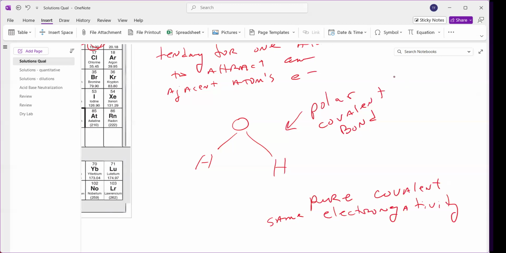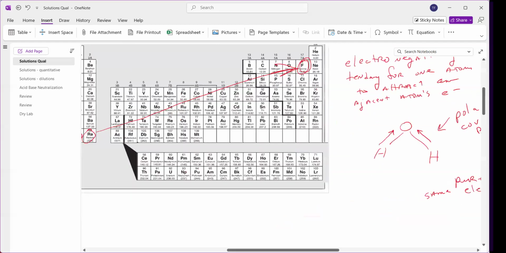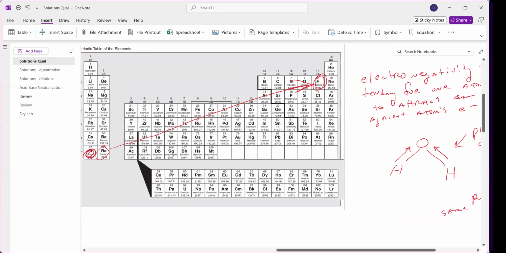So water has two very polar covalent bonds, and they're pulling this way because oxygen has more electronegativity than hydrogen. If you look at the periodic table, here's hydrogen way over here on the top left. Fluorine is on the far right.